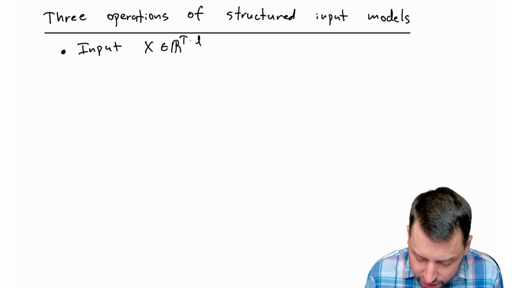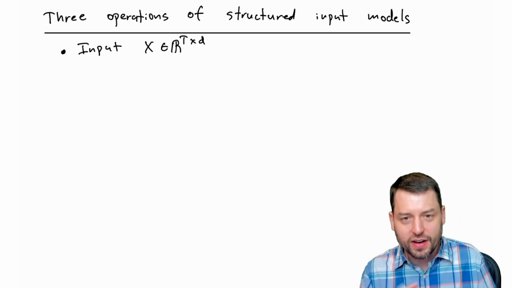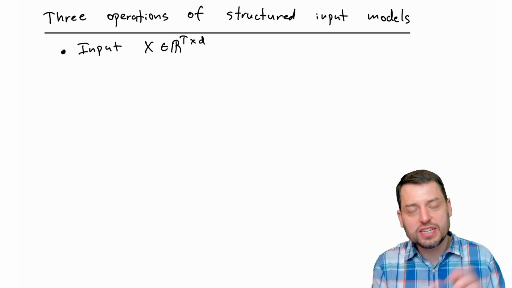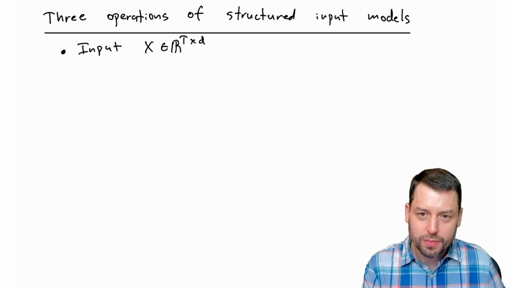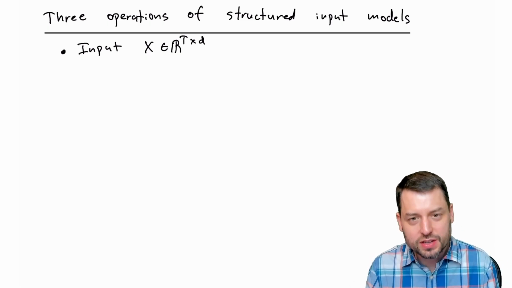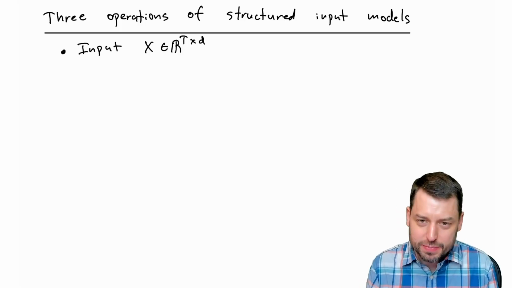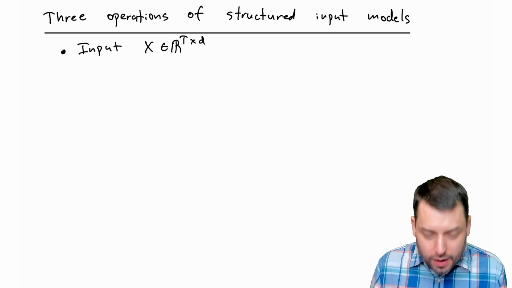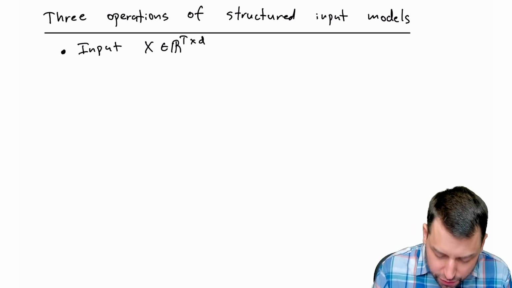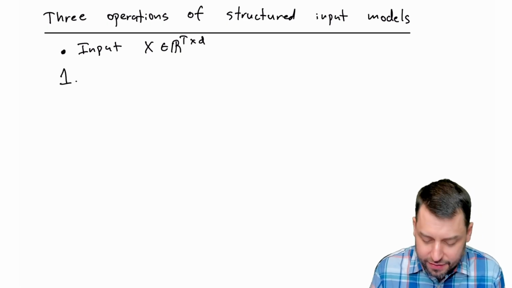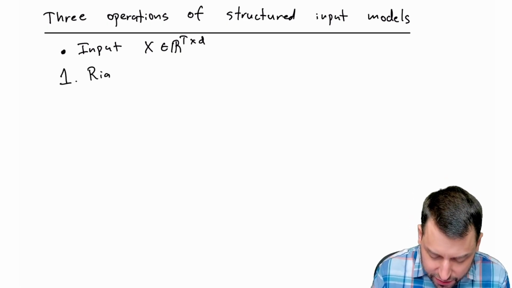There are, of course, ways of modifying T or D in intermediate layers of a big network. D might change in intermediate layers from the input itself. But for simplicity, I'm just going to think of our input or our internal representation as this matrix X, which is T by D. Okay, so the first class of operation we have is right multiplications.